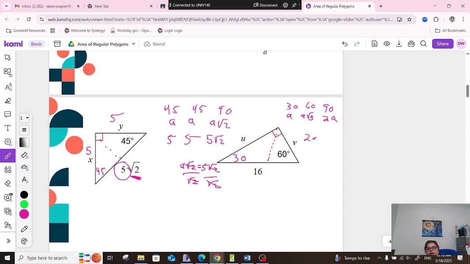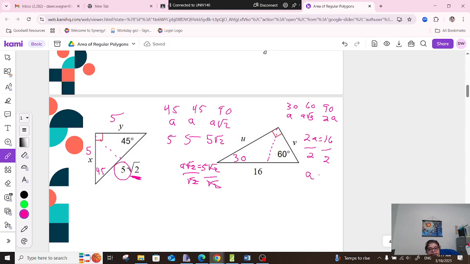So 2a has to equal 16. How do I solve for a? Divide by 2. Now, some of you on your test would have multiplied 16 by 2 and told me it was 32. Then I had to mark it wrong. Because whenever you're given across either the 90 or the 60, you have to solve for a, right?